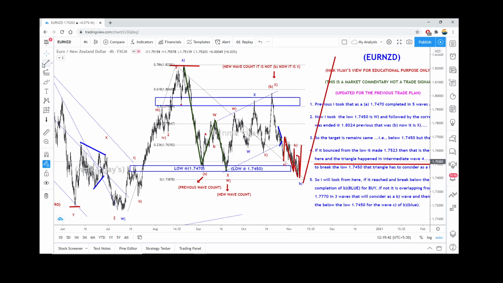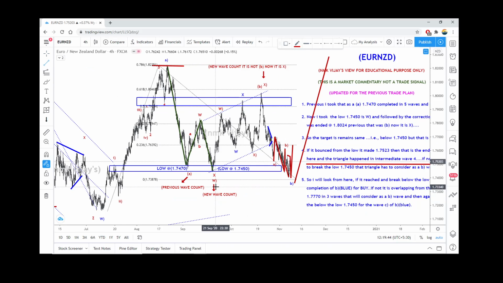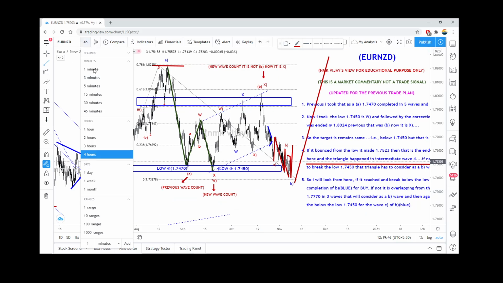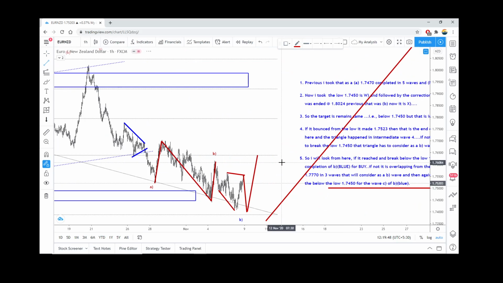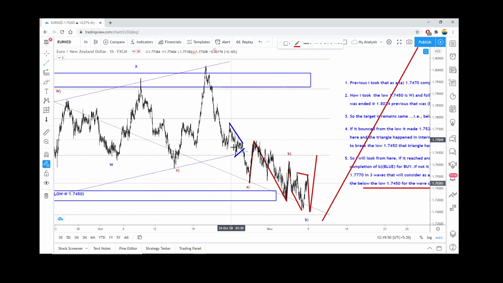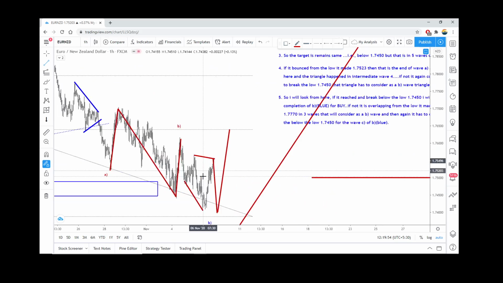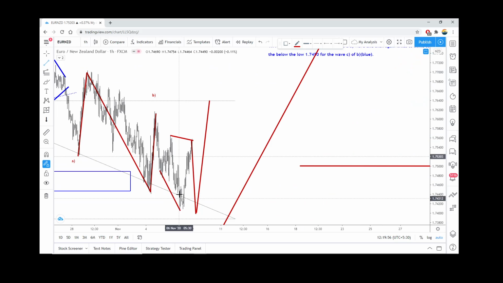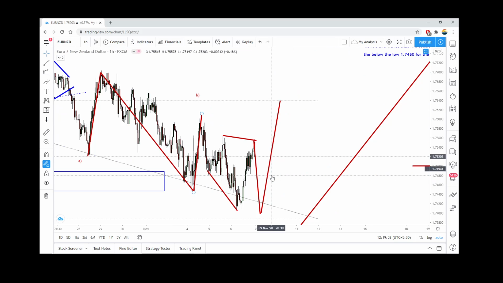In a rare condition, what I'm talking about is a rare condition, because one more possibility is this A is very big, if this is the B. So see, whether this could be a wave 1 also, and this could be a 2.